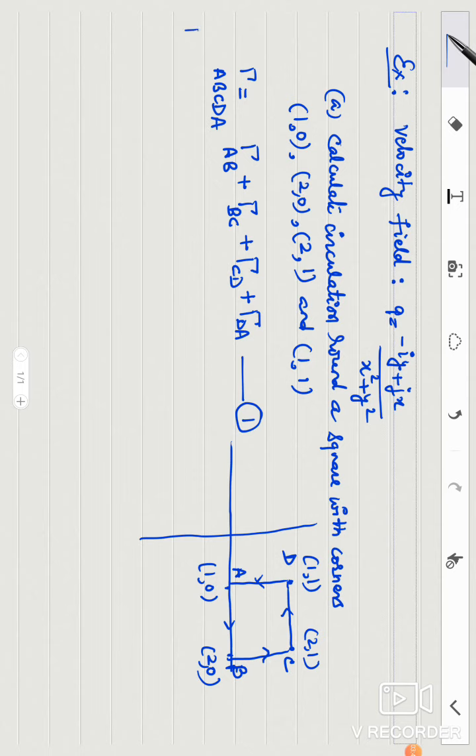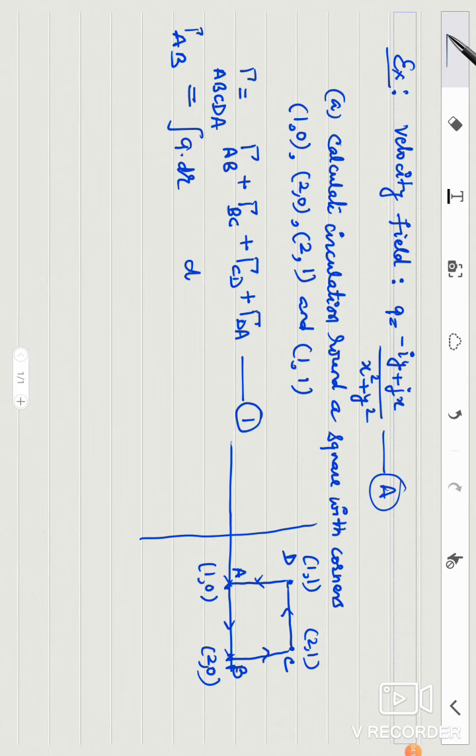Now first of all, the circulation along AB will be q dot dr. Q is given by this expression, and dr is the line element, so it is our line AB.